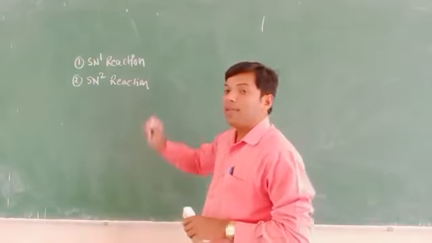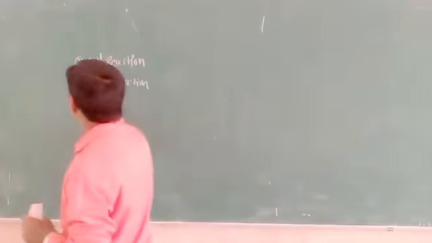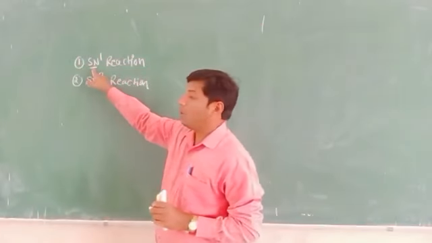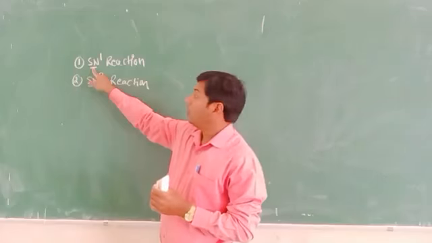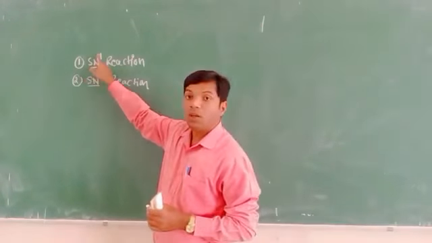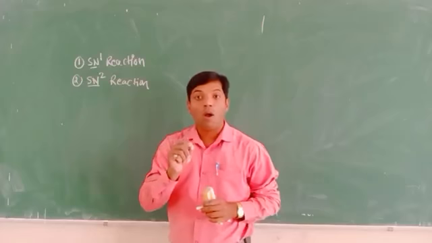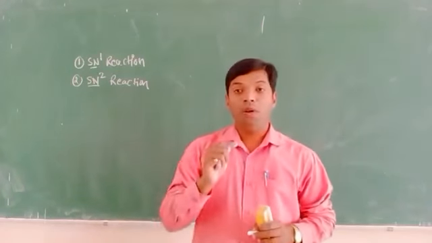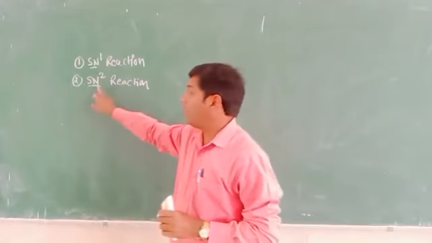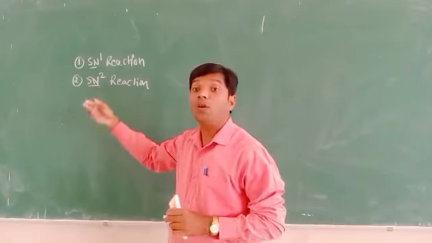So what do you mean by SN1 reaction? What is SN1 and what is SN2? First, we will understand what is SN1. SN1 is nucleophilic substitution unimolecular reaction. One stands for order. And the second one, SN2, is nucleophilic substitution bimolecular reaction.